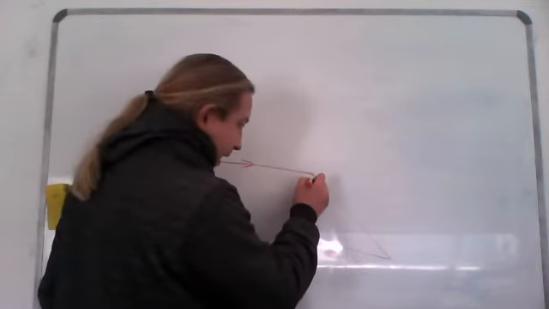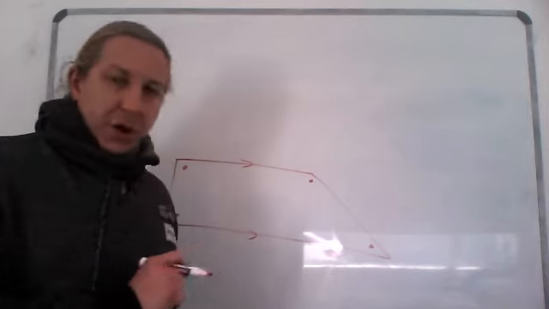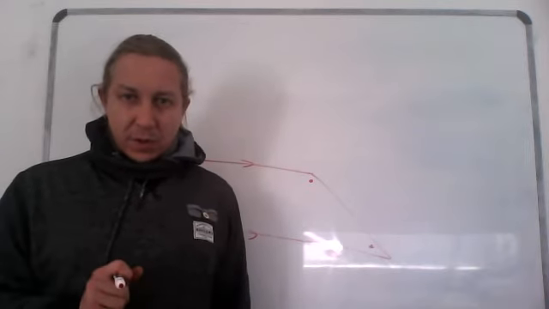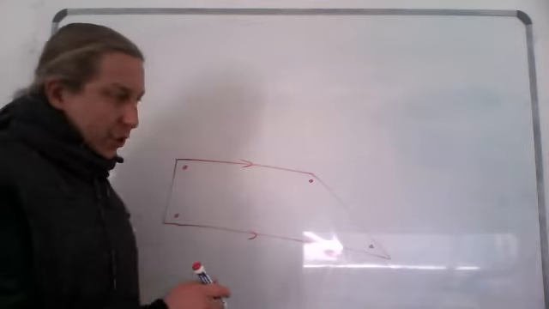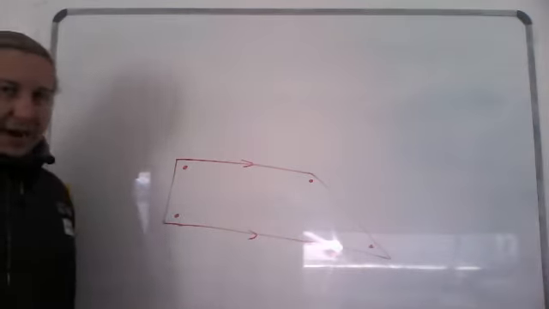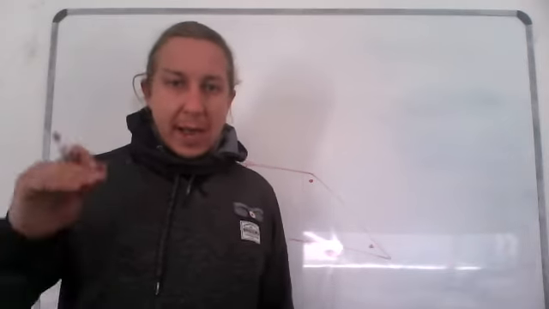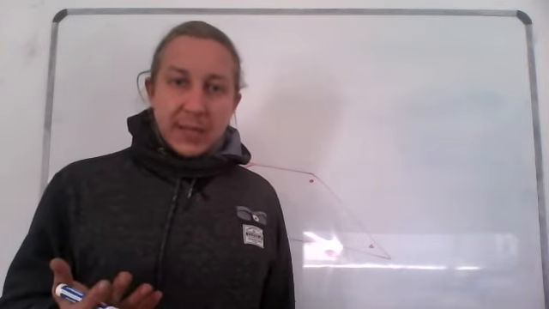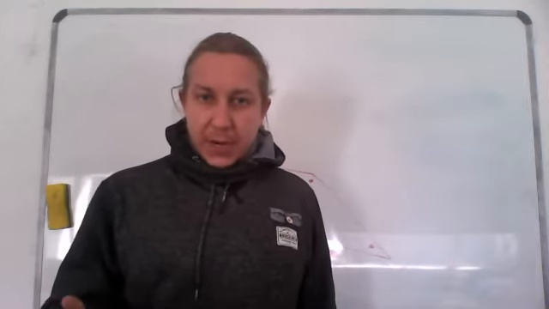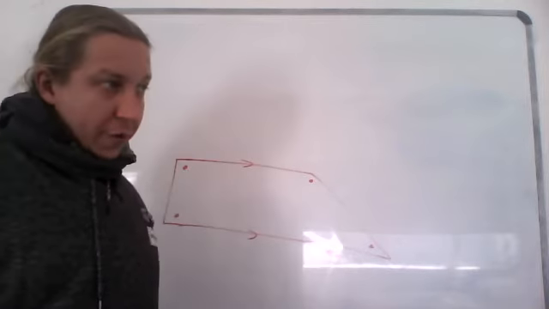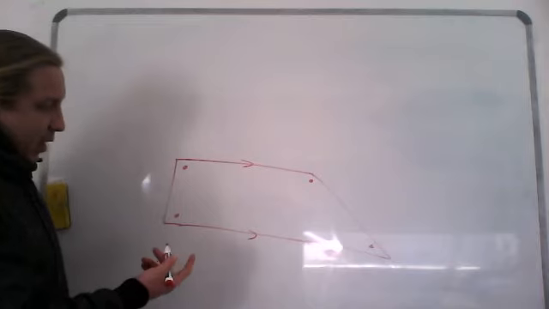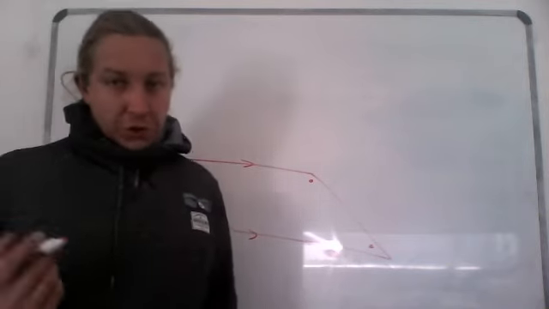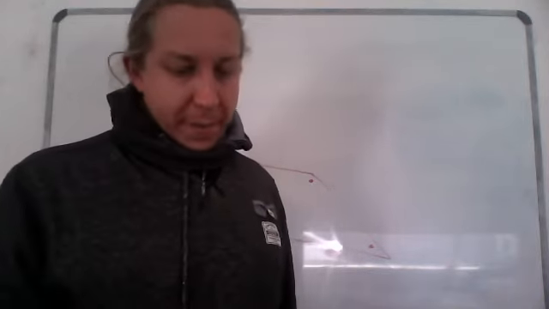Similarly, this angle plus this angle is going to add up to 180 as well. So that's how you can identify parallel lines. If the two co-interior angles add up to 180, you know the lines are parallel. And if two lines are parallel, it could be a parallelogram or a trapezium, depending on more information given.